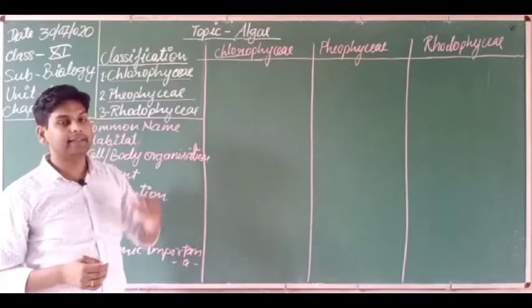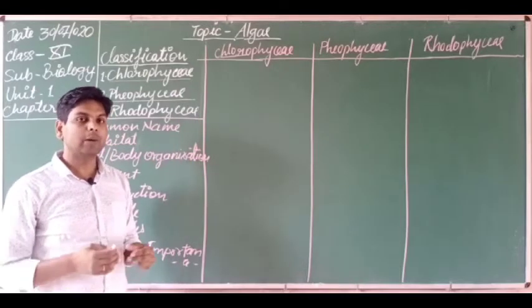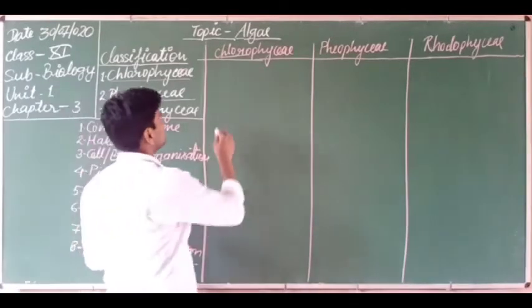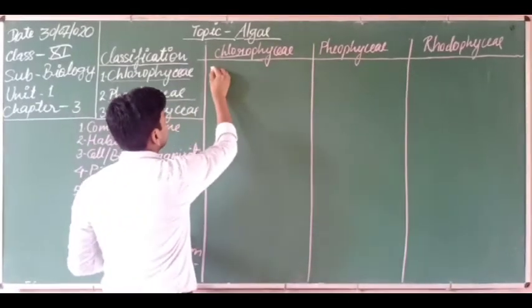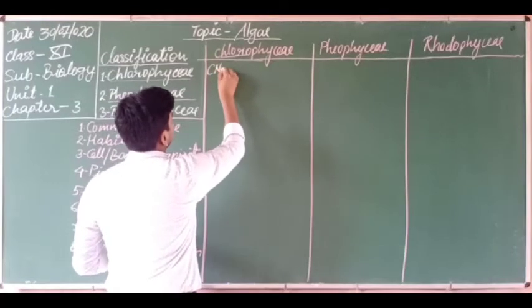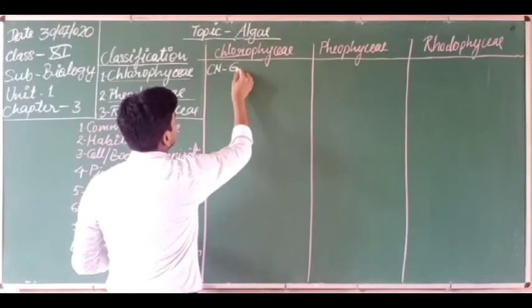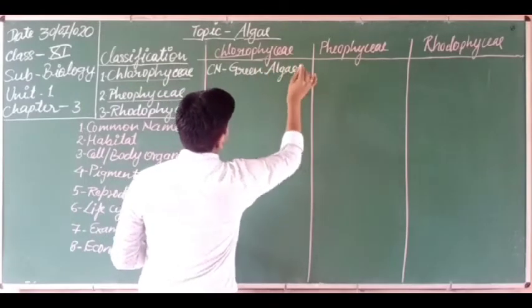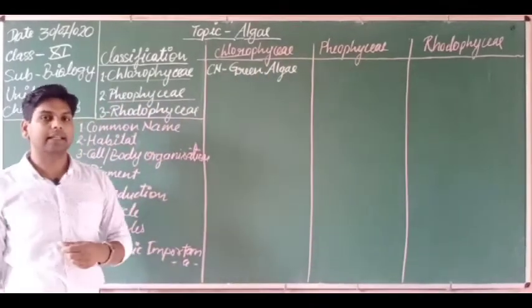So Chlorophycy means the type of alga which is green in color, and the category is known as Chlorophycy. The common name of these algae is green algae. Got it?